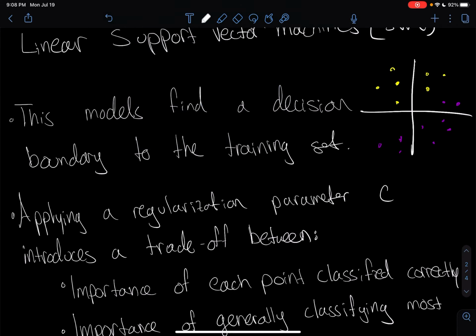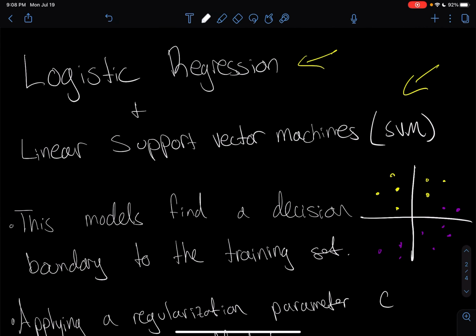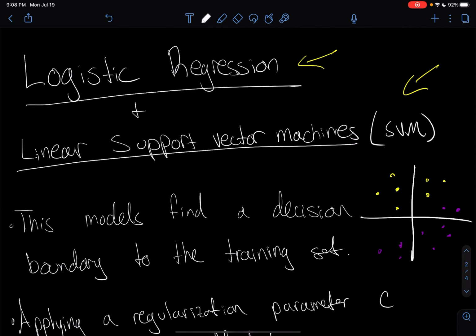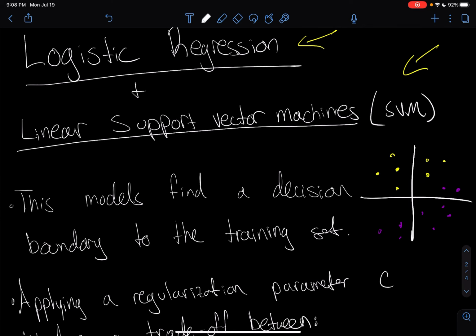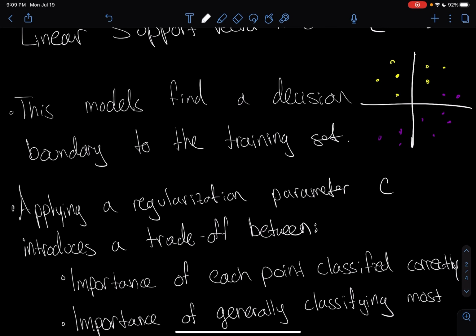And again, both of these techniques, logistic regression and linear SVMs, are going to just learn a hyperplane. Let's say your logistic regression one looked like this, but your linear support vector machine might look something like this, right? They're learning hyperplanes. They're likely to be different. They're not guaranteed to be the same. But again, this is really what it boils down to. This is what we're trying to accomplish here.